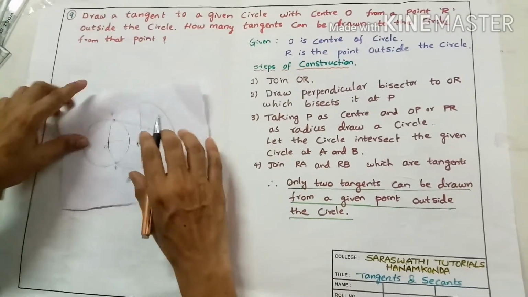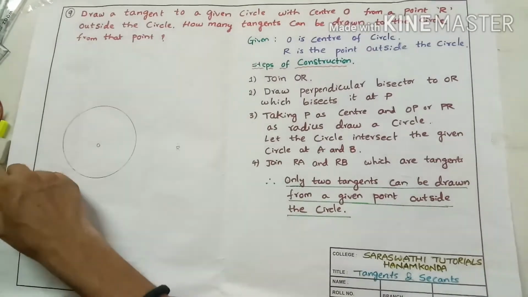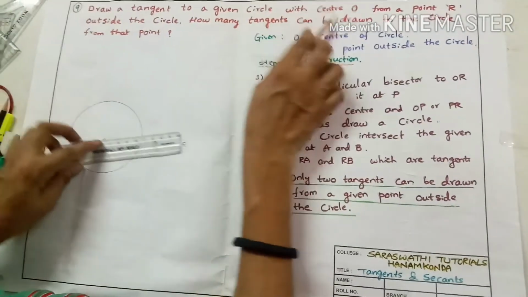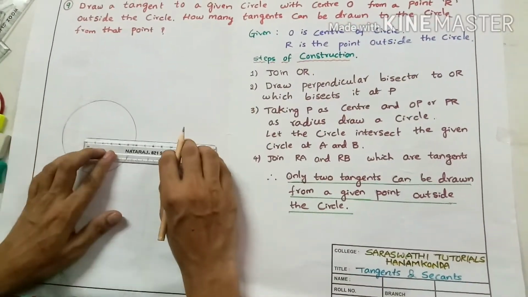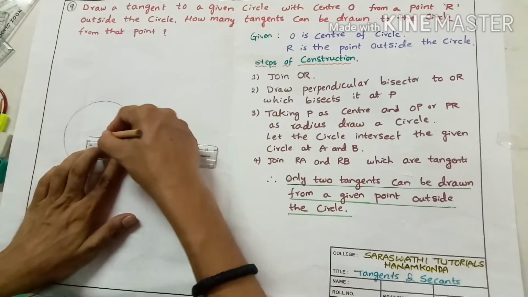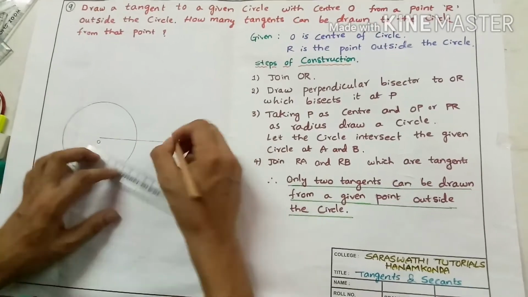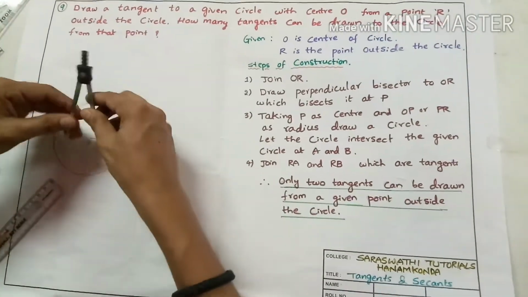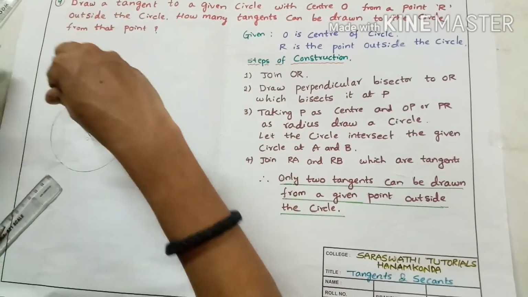So now let us draw. This circle is already given, with center O and point R. First step is join OR. Now draw the perpendicular bisector, taking more than half.